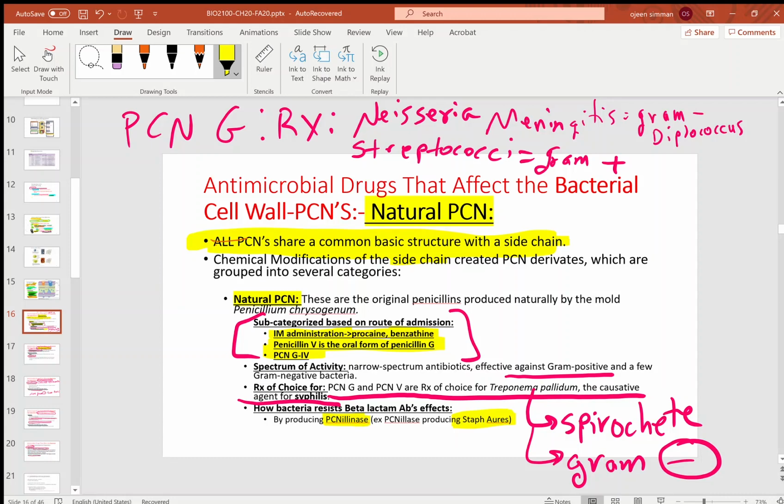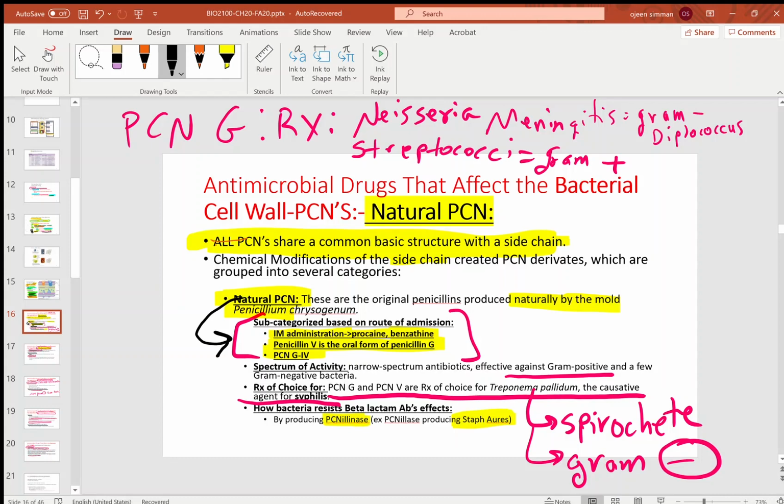One of the categories is the natural penicillins. You guys have to know natural penicillins are actually naturally made from a mold called Penicillium. Natural penicillins are subcategorized based on their route of administration.